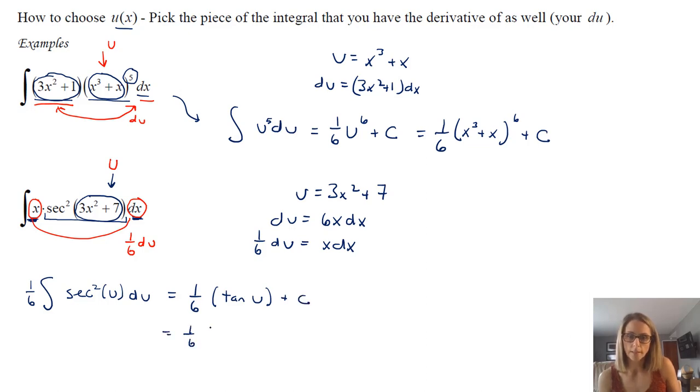And then I have 1/6 tan of 3x squared plus 7, and then plus c. And sometimes students have questions about, well, why doesn't the 1/6 get multiplied by the c? The thing is, it doesn't matter because at the end of the day, it is still just a constant, and multiplying it by a constant is still just a constant. So it doesn't actually affect the answer in that way.